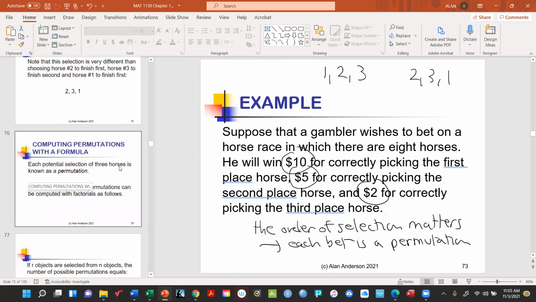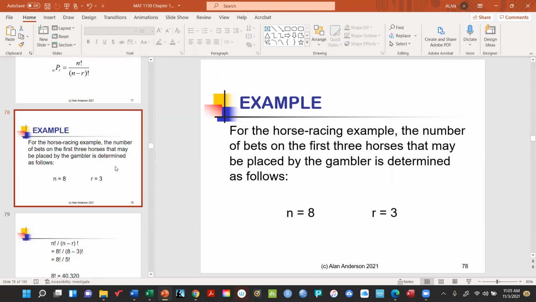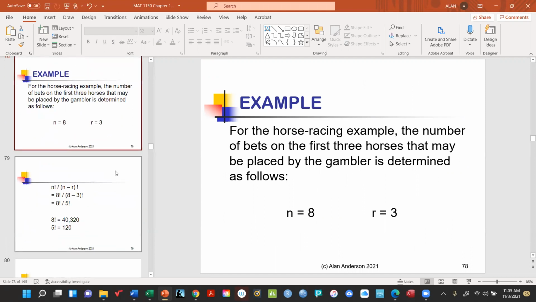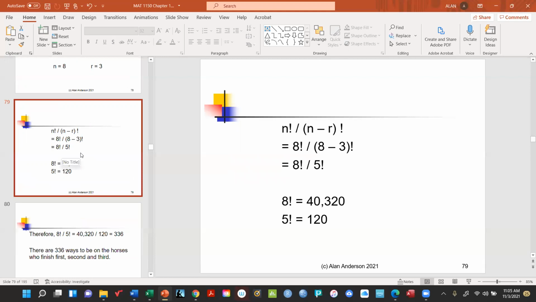So 8 is N and 3 is R. I'm going to plug these into the permutation formula. You'll see that I've got 8 factorial in the numerator, 8 minus 3 in the denominator, and the ratio of these two numbers. 8 factorial is 40,320, 5 factorial is 120.